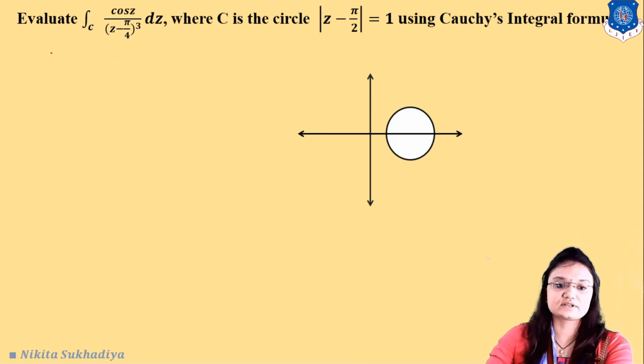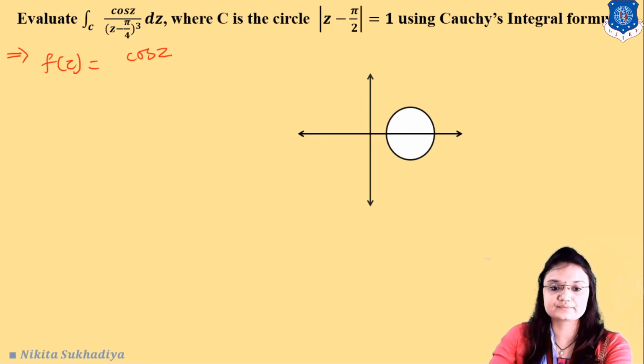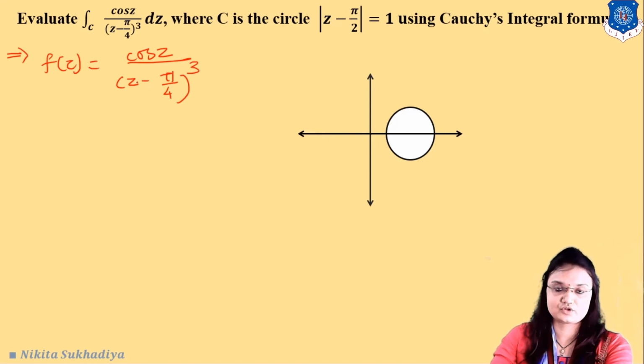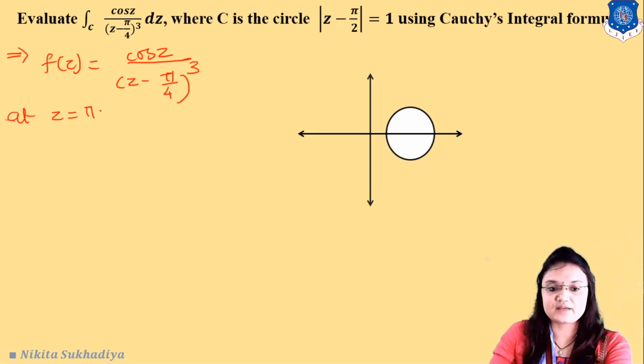Let us understand with the next example. Here we have function f(z) = cos z upon (z minus pi by 4) raised to whole cube. At z = pi by 4, if we put z = pi by 4 in the denominator, we get 0, and 1 upon 0 becomes infinite.